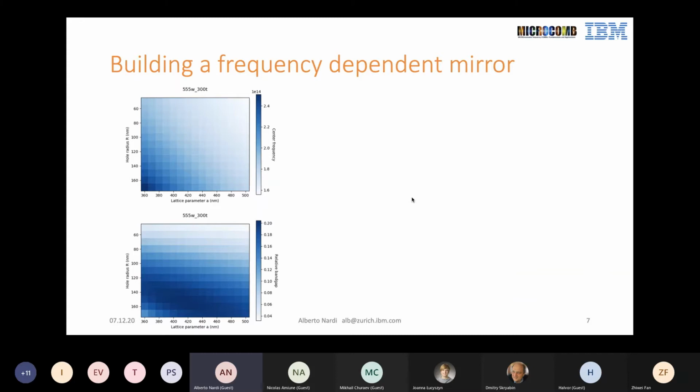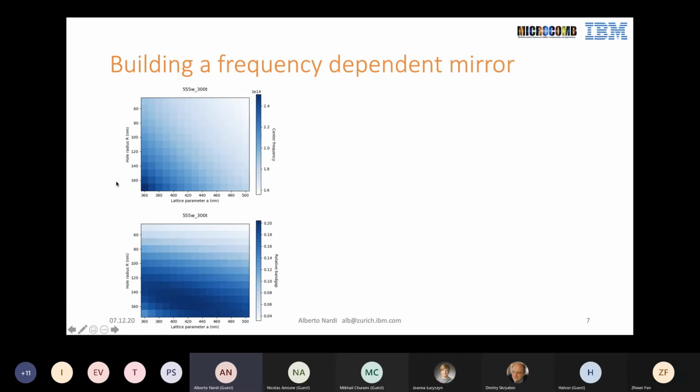And now I want to talk about how we actually build a frequency dependent mirror. As I said, we want to reflect the higher frequencies first. So we want the center frequency of the band gap to go from higher frequencies down to lower frequencies as we move in depth in the mirror.